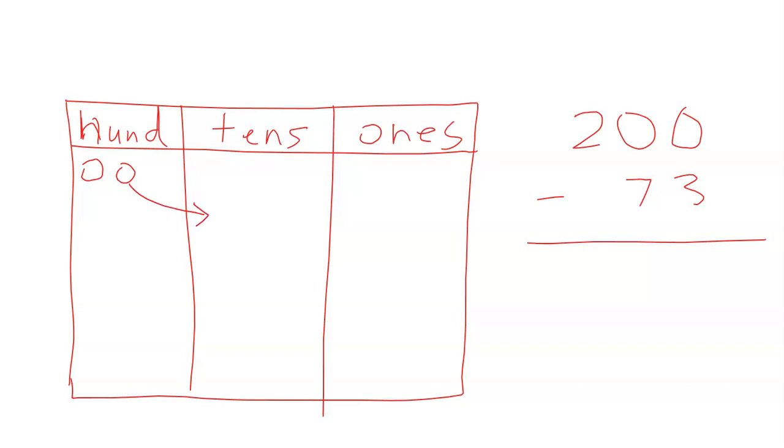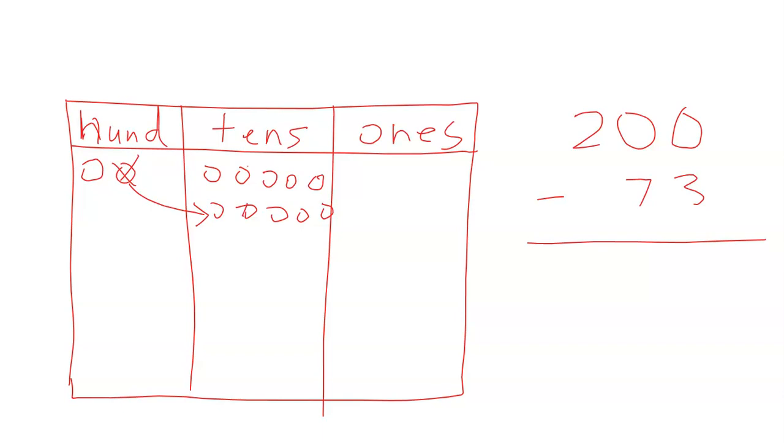Now we know that there are 10 tens in 100. So I'm going to cross one of those off, and I'm going to build 10 tens from that 100. There we go. So there's our 10 tens.